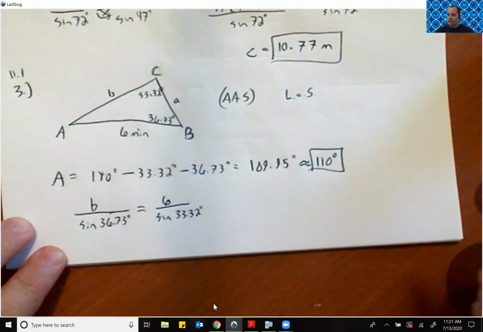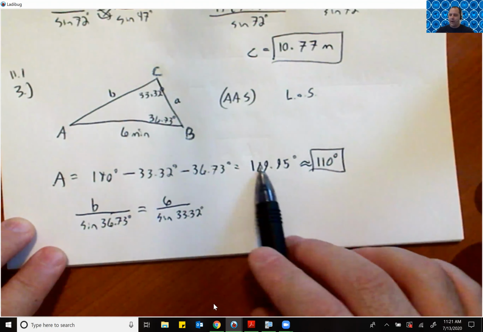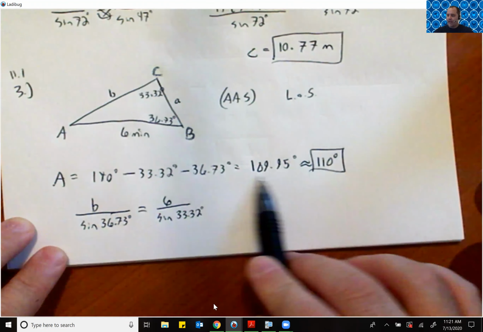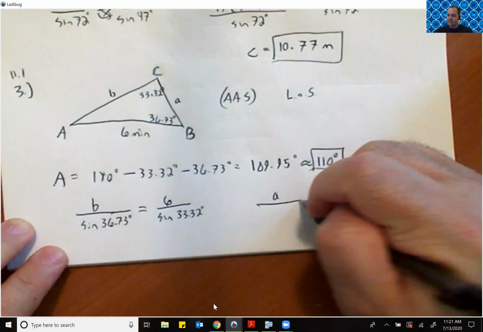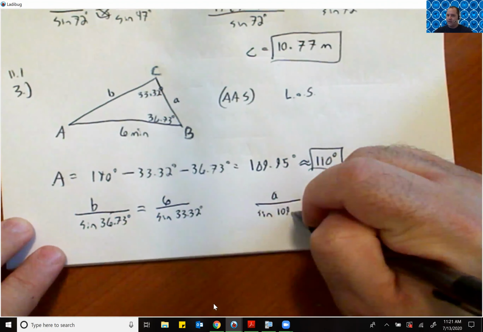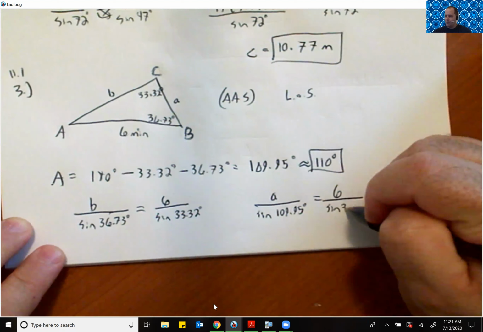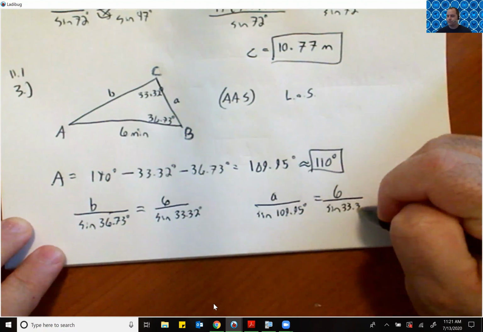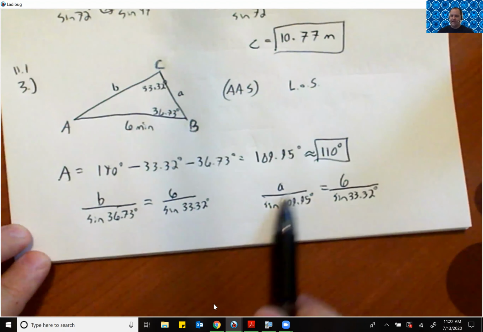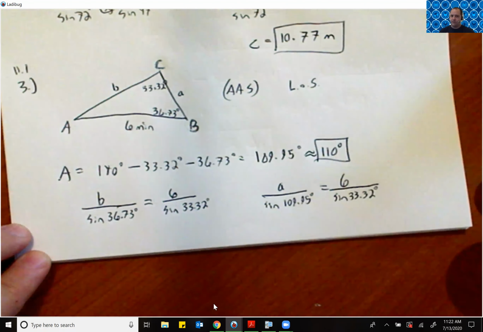Although when I do little a, I'm going to go back and use this angle that's right here because I don't want to use the rounded one because that will create too much rounding for me. So use this one. So little a will be over sine 109.95 degrees equal to 6 over sine 33.32 degrees. So much better to use the exact answers that you know instead of using the rounded ones. So just be careful of rounding because it'll get you on this.